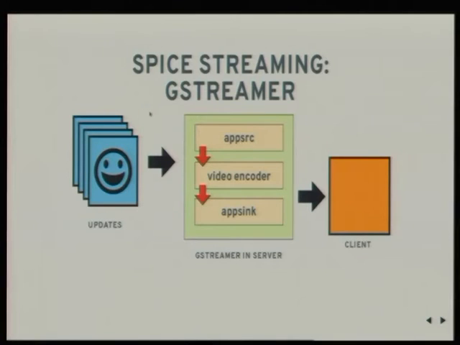So for us to get an MJPEG, VP8, or H.264 stream, we just need to play with that block. All the other stuff is almost untouched after you get the GStreamer integration. That's pretty cool. After that, we get the stream, and we can send it to the client using the Spice protocol.